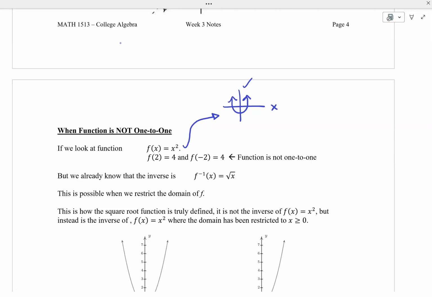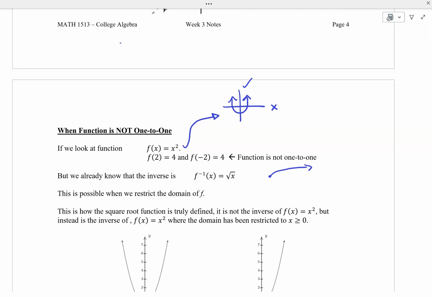Now, the inverse of that is going to be a square root function. But we have to be able to restrict that because in all honesty, we cannot find an inverse since it fails the one-to-one test. But I want you to also think about what a square root function is. It's that.